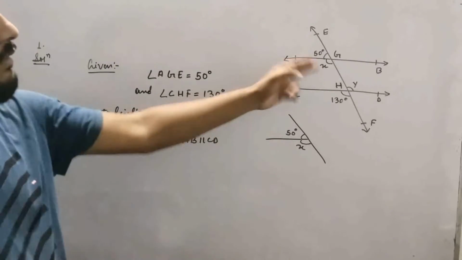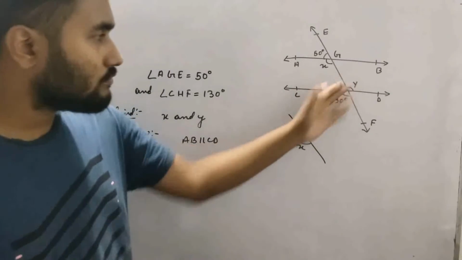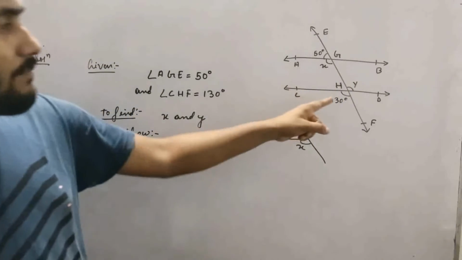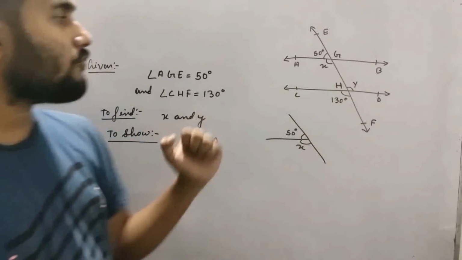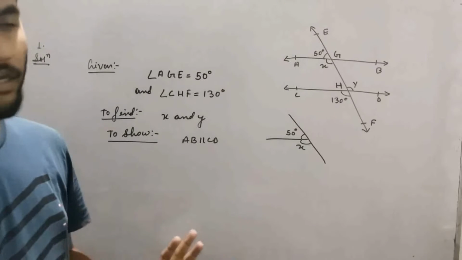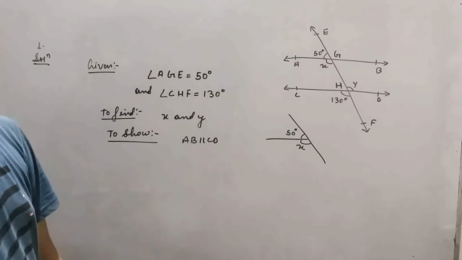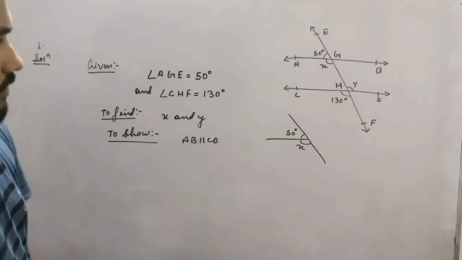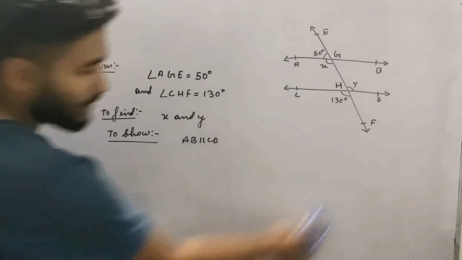How will we find X? With the help of the linear pair property. Now Y: Y and this angle are vertically opposite angles, so Y will be 130 degrees. So we have got Y, and we simply have to calculate X. We find X by the linear pair property.